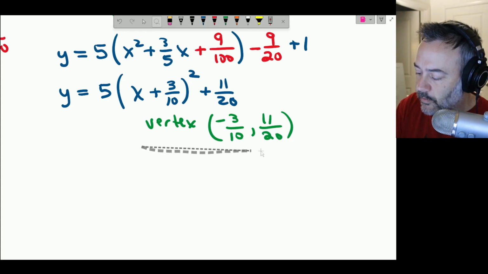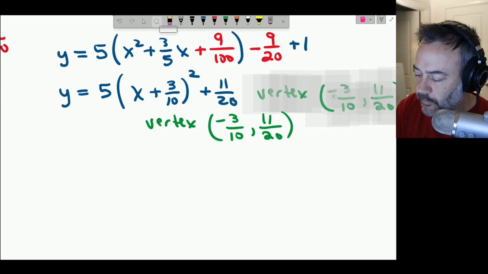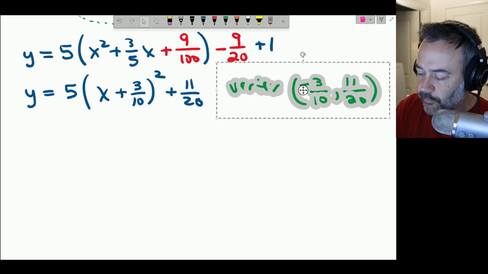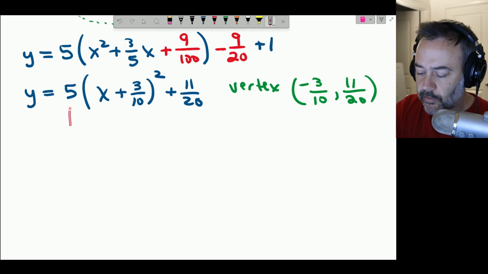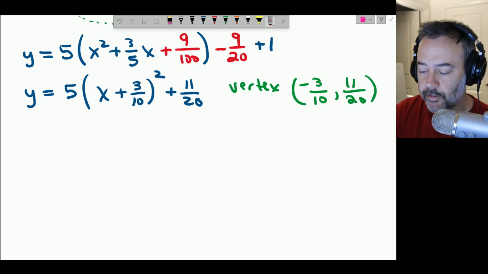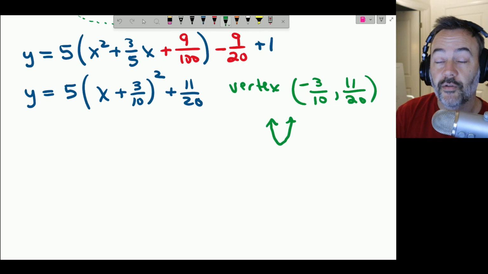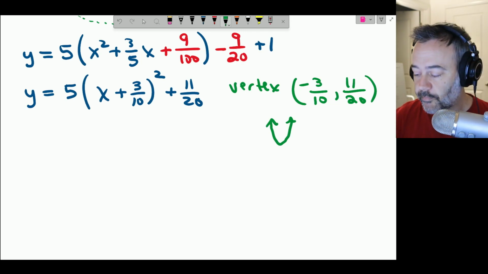Okay, so that's helpful if we were doing graphing. We also can see that the graph is stretched vertically by a factor of 5 if we were transforming x squared. And we also know, since this is positive, that the graph will be oriented vertically this way, so the ends will point up.